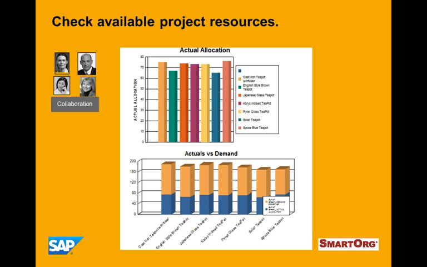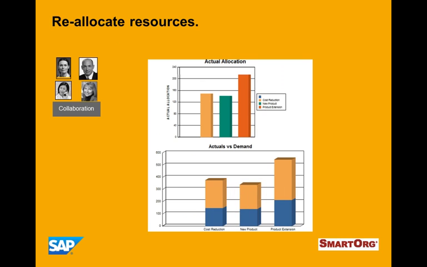And what we've been able to identify is what the actual demand versus the supply is. And what we're going to have to do is a little what-if analysis using the new demand based on the new solar teapot. So if you look at the next slide, we'll be able to reallocate the resources, doing a little what-if.